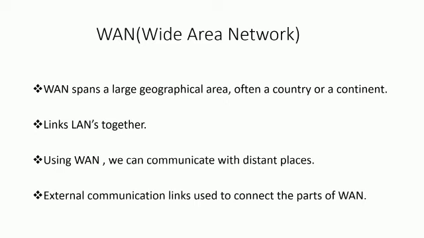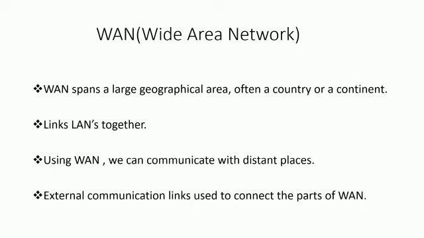WAN, or wide area network, provides long distance transmission of data, images, audio, and video over larger geographical areas that cover a country, continent, and the whole world. WAN is formed by linking LANs together. For example, linking several major LANs in a city can form a WAN.